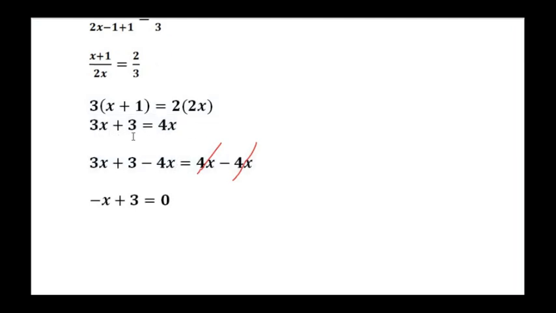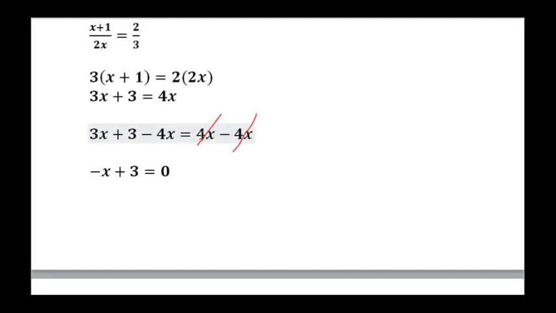To solve this equation for x, I'll subtract 4x from both sides of the equation. We get 3x + 3 - 4x = 4x - 4x. Now 4x - 4x is 0. On the left side, 3x - 4x is negative x.